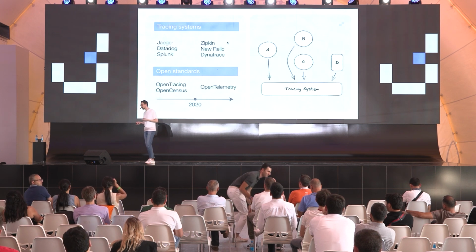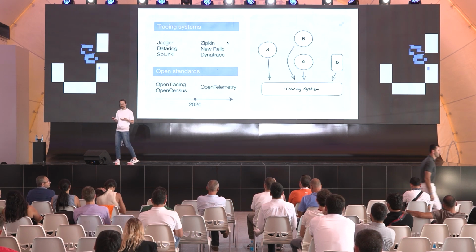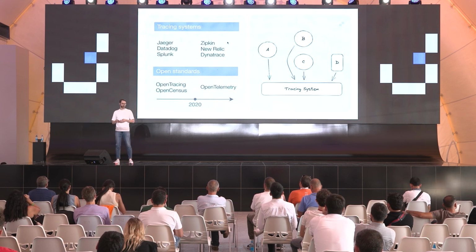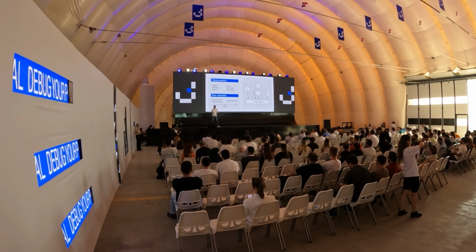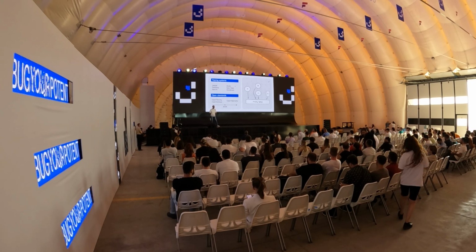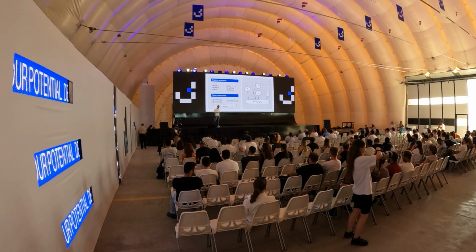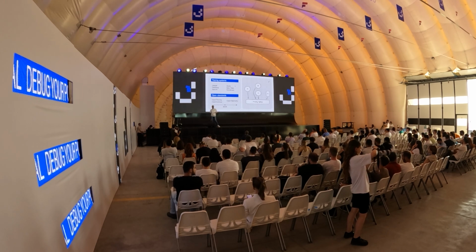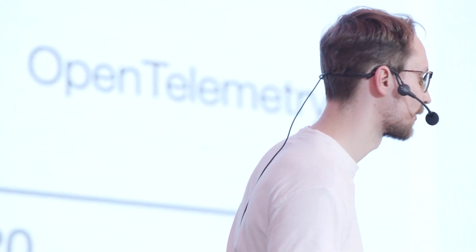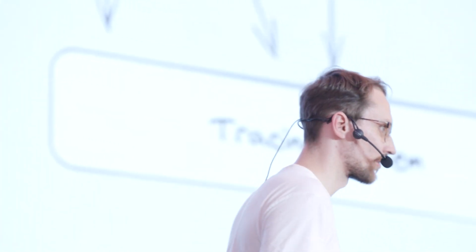The paper about Dapper described a protocol that many vendors adopted, but different vendors implemented that protocol in different ways. So it was difficult for customers to change vendors because of those implementation details. To address that issue, open standards were created.